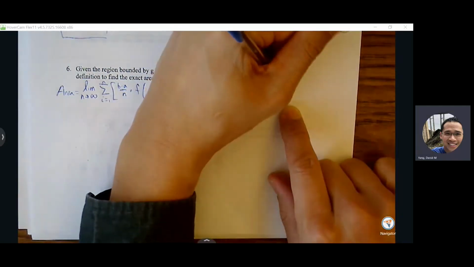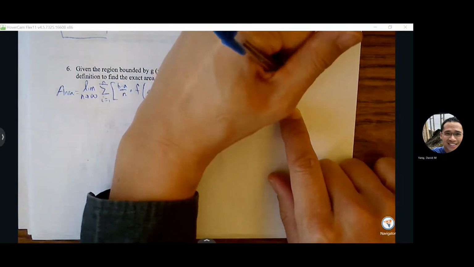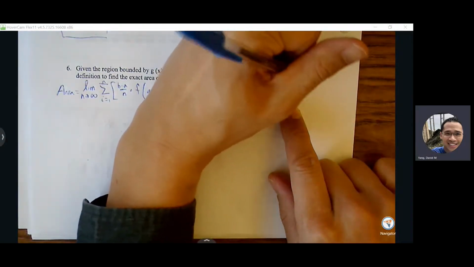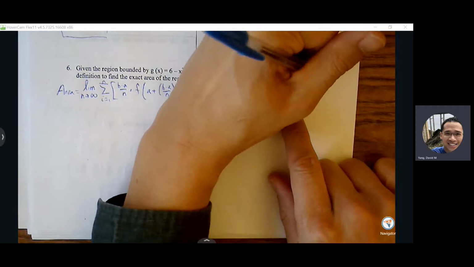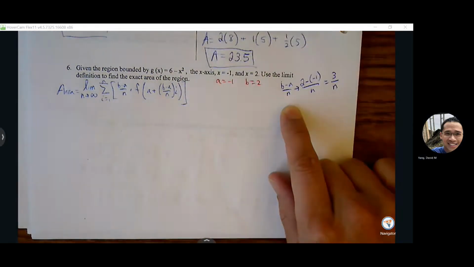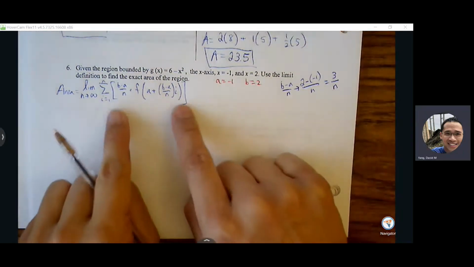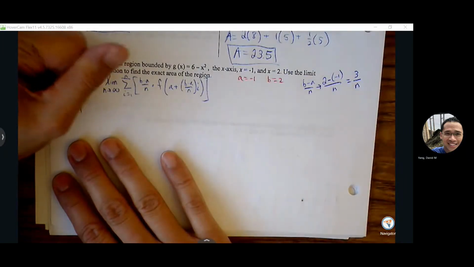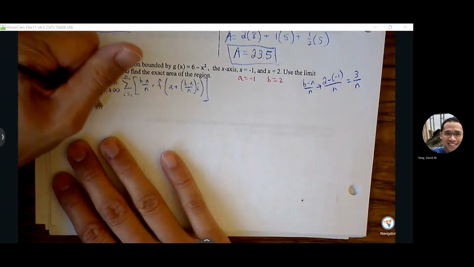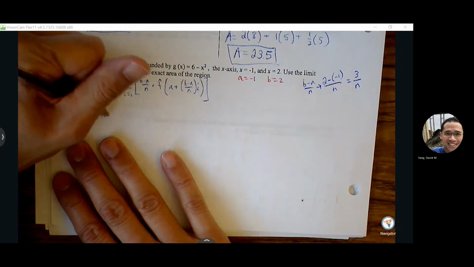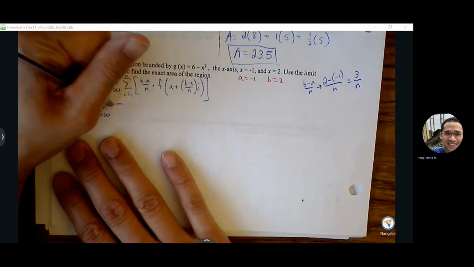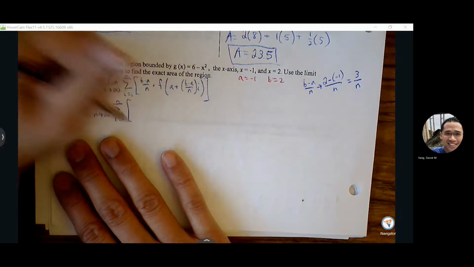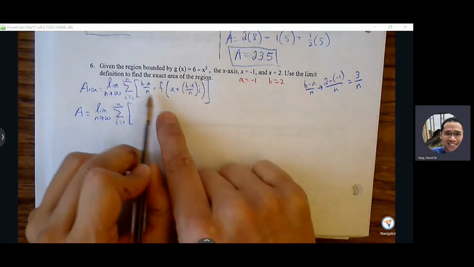Okay, so here's my b minus a over n. It will become 2 minus a negative 1 over n, which is 3 over n. This is the width component.